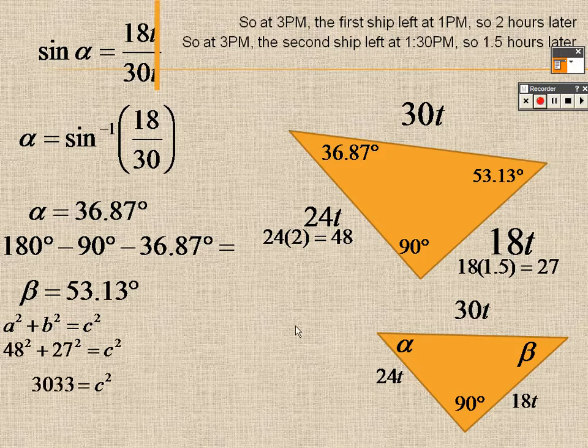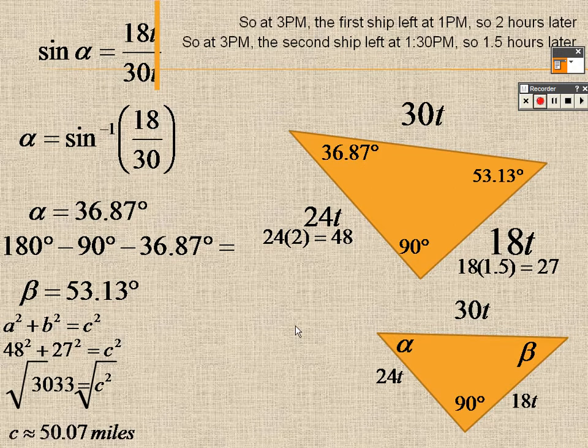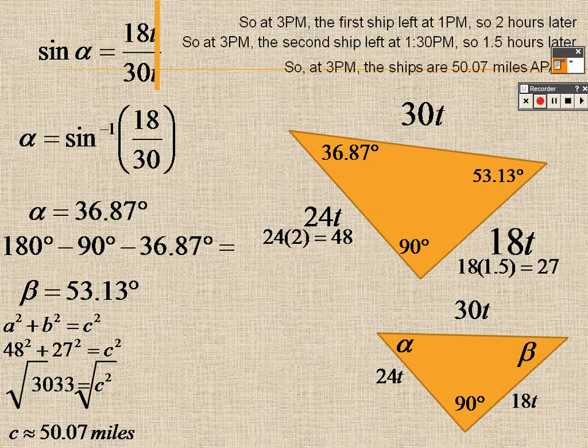So to figure out exactly what c was, that means the distance between them was 50.07 miles. Just to find that out. So at 3 p.m., because that's what they wanted to know, this at time t is 2 hours after, and this was 1.5 hours after. That's how far they were at 3 p.m. So the ships would be about 50 miles away at that point in time.